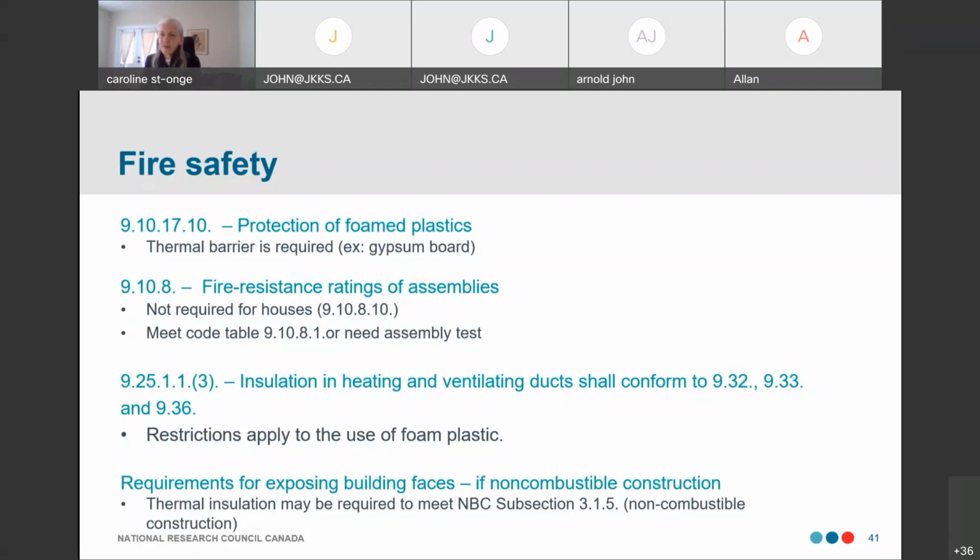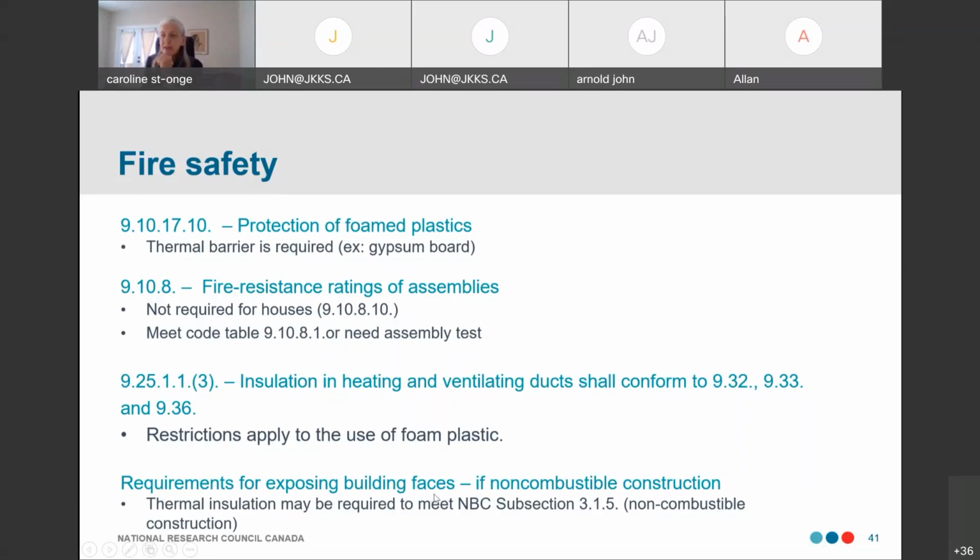9.25.1.3 includes requirements with respect to insulation in heating and ventilating ducts. It includes restrictions that apply to the use of foam plastic, but I won't go over them. You just have to look at 9.32, 9.33, and 9.36. And at the end, there are requirements for exposing building faces.